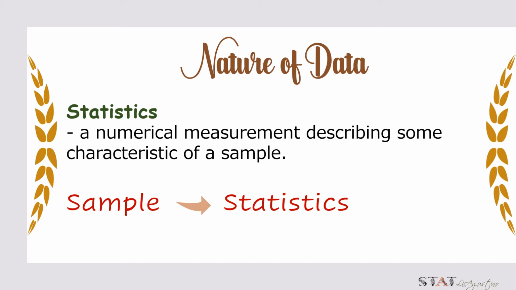And then statistics, a numerical measurement describing some characteristics of a sample. So for example, if I've just gathered some samples from first year, second year, third year, fourth year, then I will call that numerical measurement statistics. So that's the difference between the parameter and statistics. When I say parameter, it pertains to population. And when I say statistics, it pertains to samples.